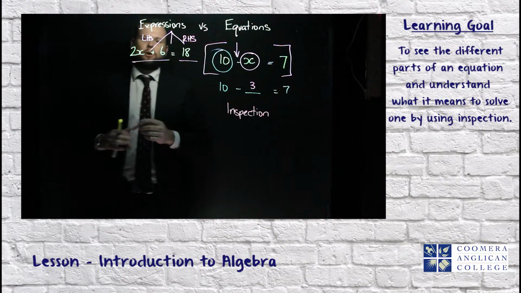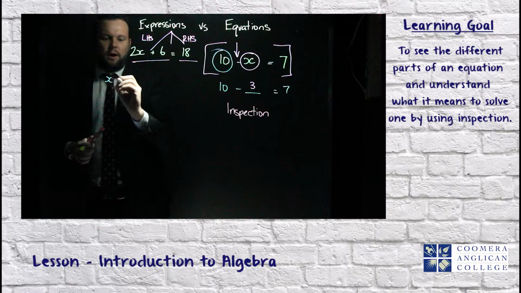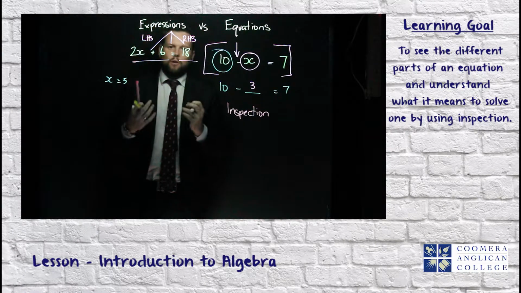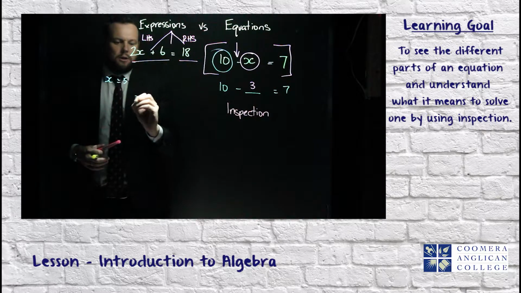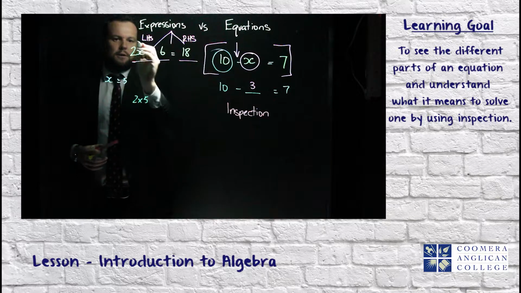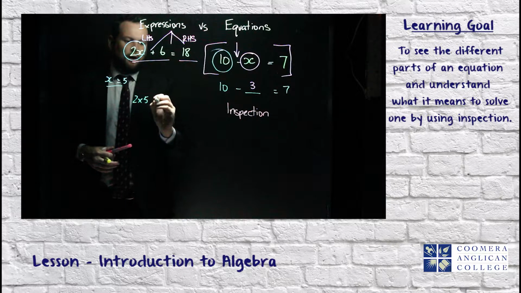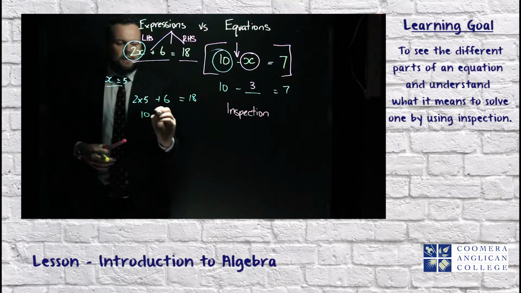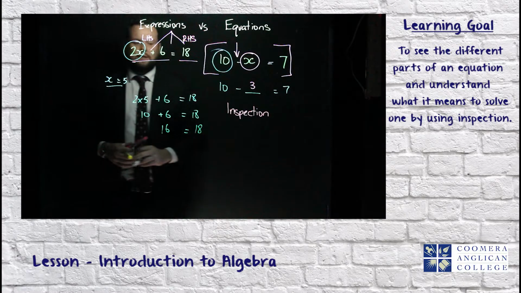Now if I said to you, let's say x equals 5, and I asked you to tell me whether or not this equation is balanced, you would substitute. So you'd go 2 times 5, so 2 times our coefficient, which in this instance equals 5, plus 6 equals 18. So we have 10 plus 6, and we have 16 equals 18.